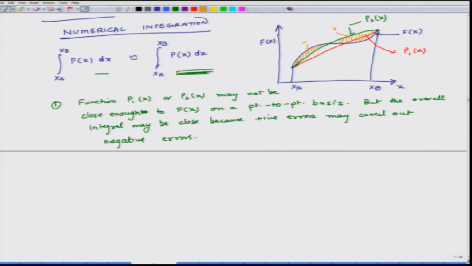This is one. Second is, if the element size is small enough, then errors become small as well.